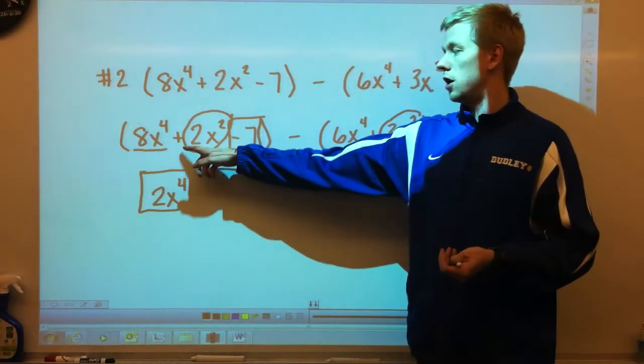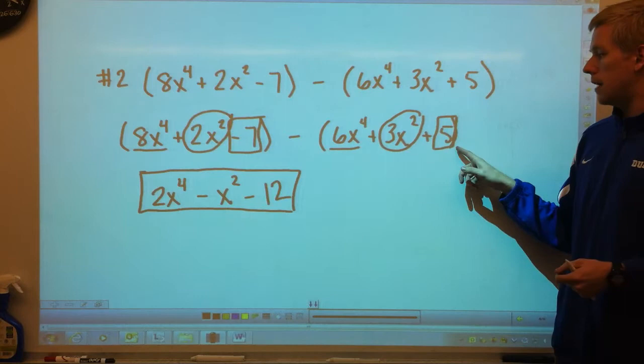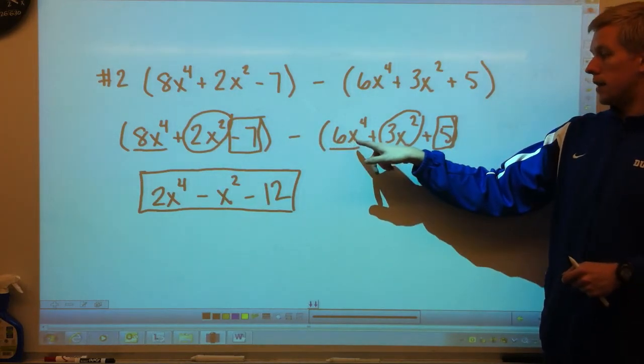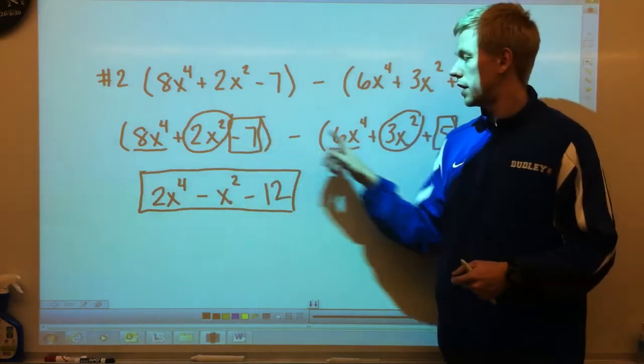If I look at the first term, I have 8x to the 4th. I look through the entire thing for what I can combine it with where I'm going to subtract it from. The only thing that matches up with that is this 6x to the 4th. So I know I can subtract those two things together.